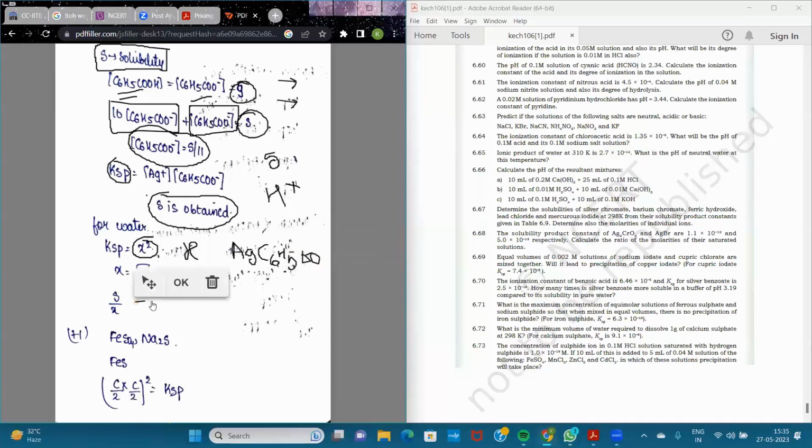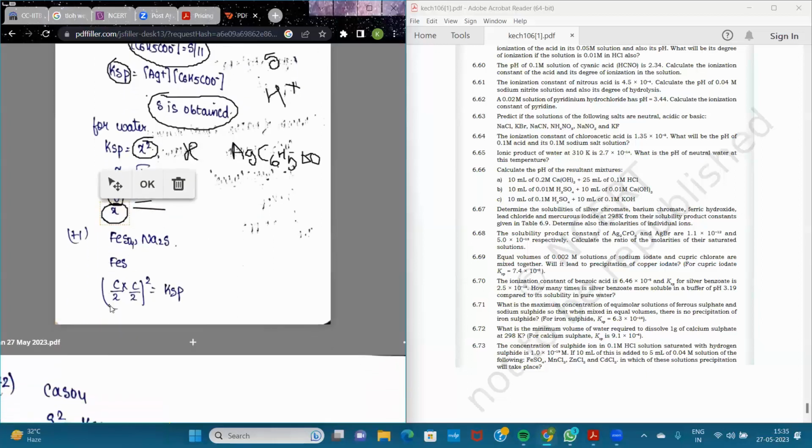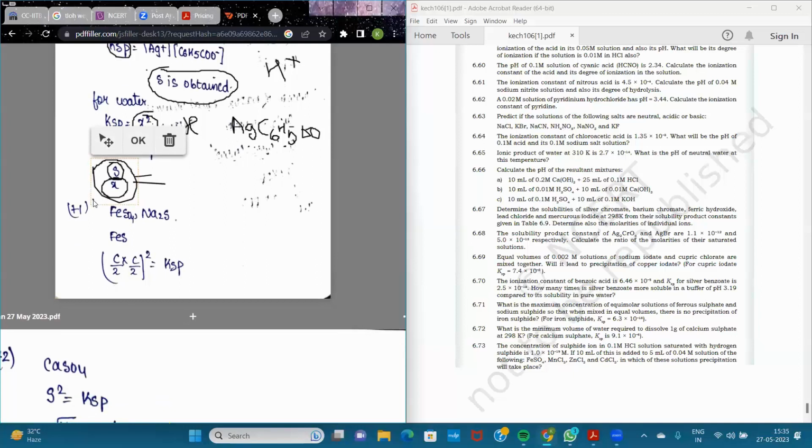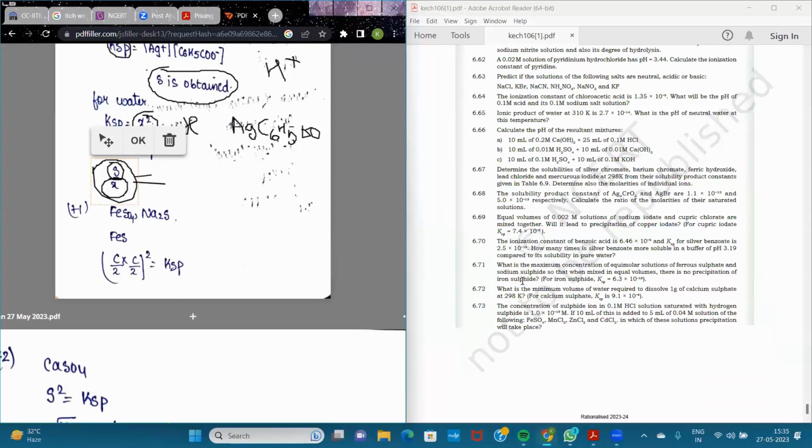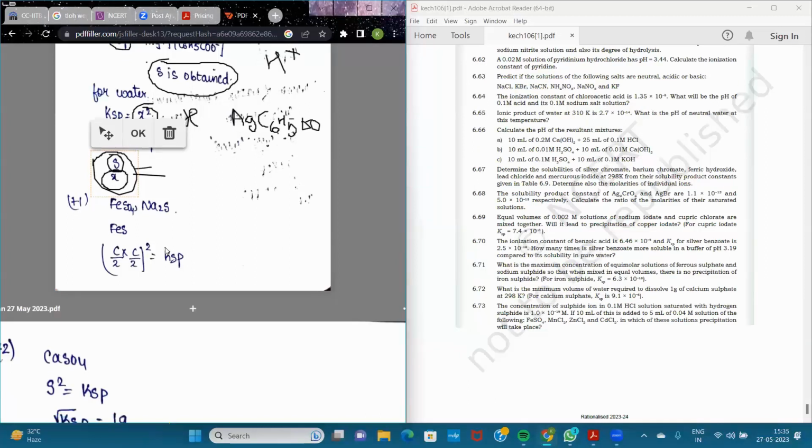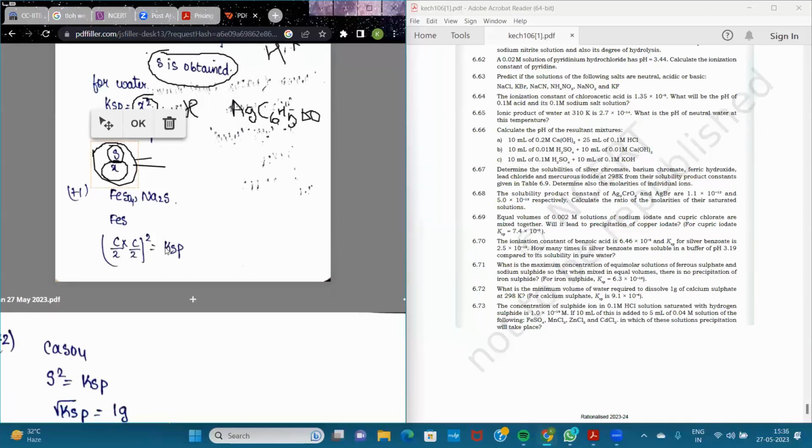Here they ask the ratio of solubility of silver benzoate at pH of 3.19 and solubility of silver benzoate in water. By finding this ratio, we can directly find the value as asked in the question. Next, we'll proceed to the 71st question.